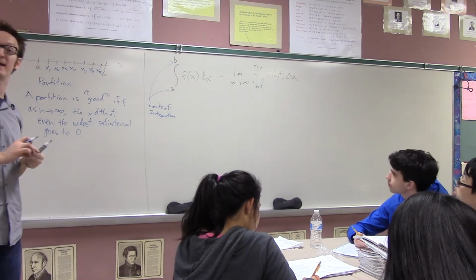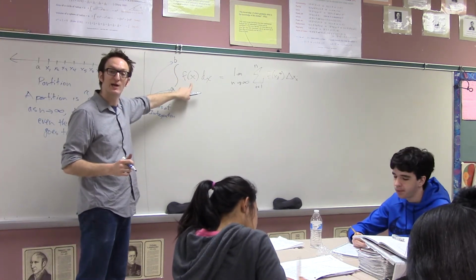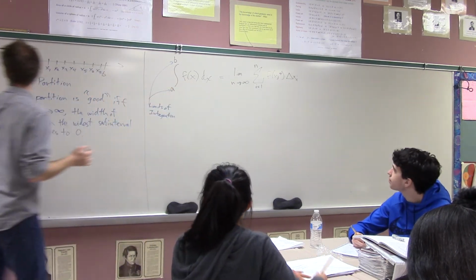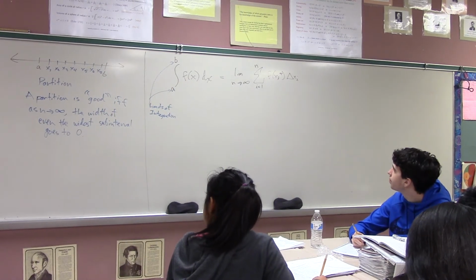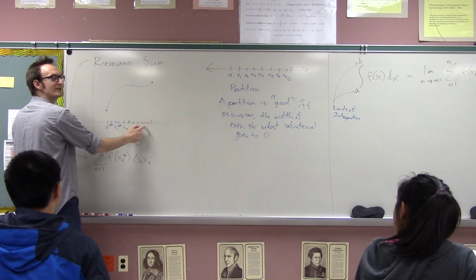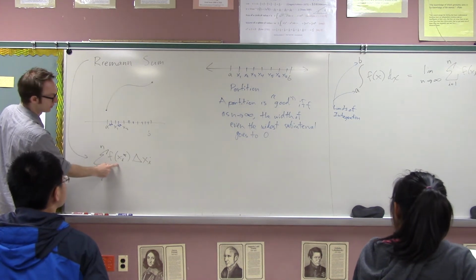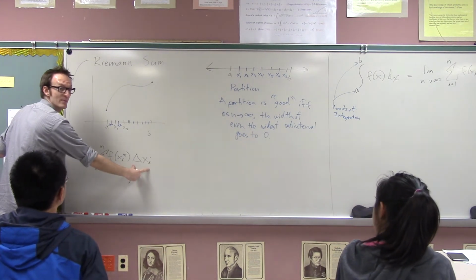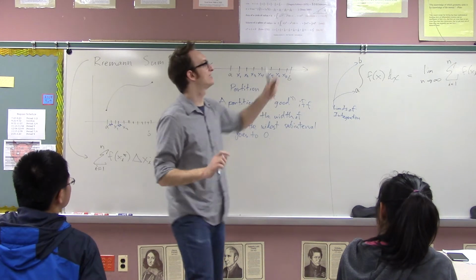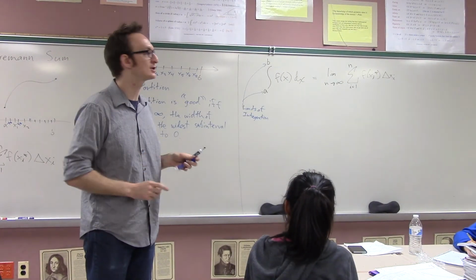Basically, if you want to take an integral from a to b of some function, you partition the interval into a bunch of subintervals, you choose sample points from every subinterval, you plug them into the function, you multiply by the width of that subinterval, you add them all up, and then you let the number of subintervals go to infinity.